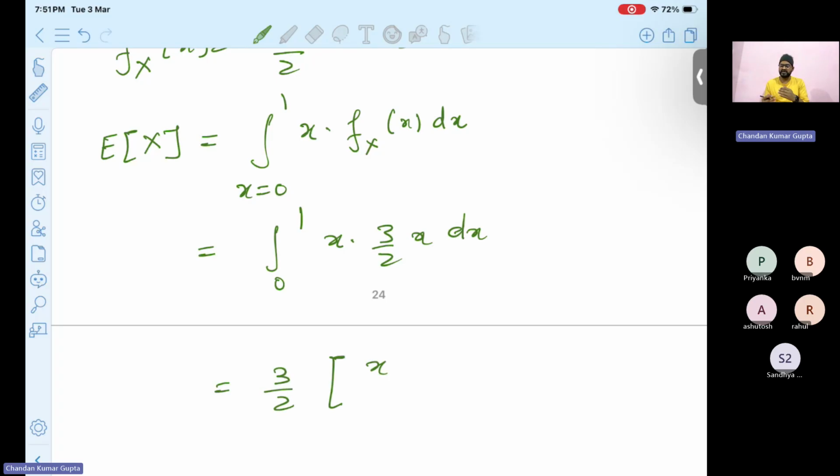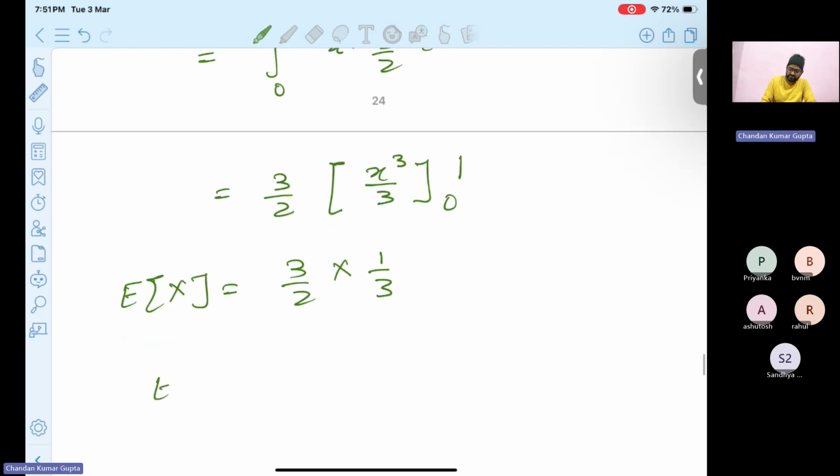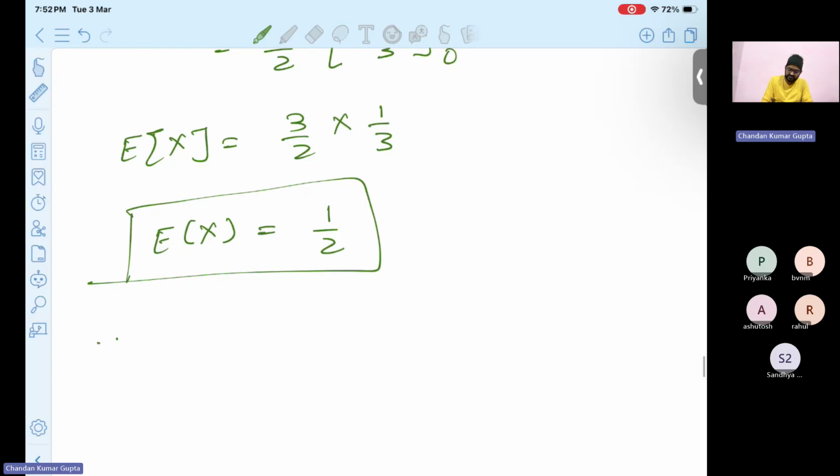The integral of x squared is x cubed by 3, from 0 to 1. So the expectation of x comes out to be 3 by 2 multiplied by 1 by 3. So the expectation of x comes out to be 1 by 2. Okay. Now we need to find the variance of x as well. And since the variance of x is what?